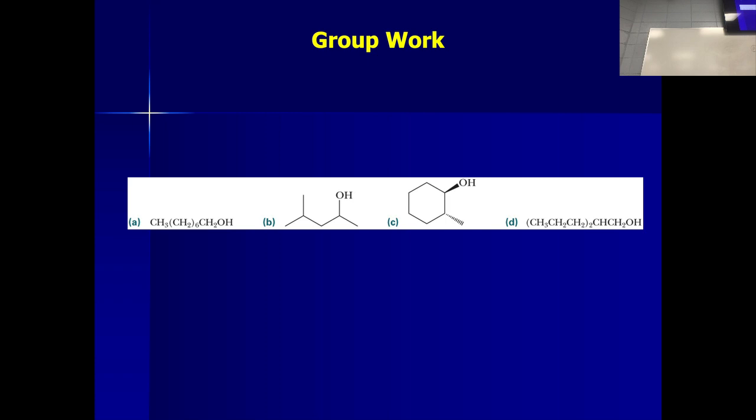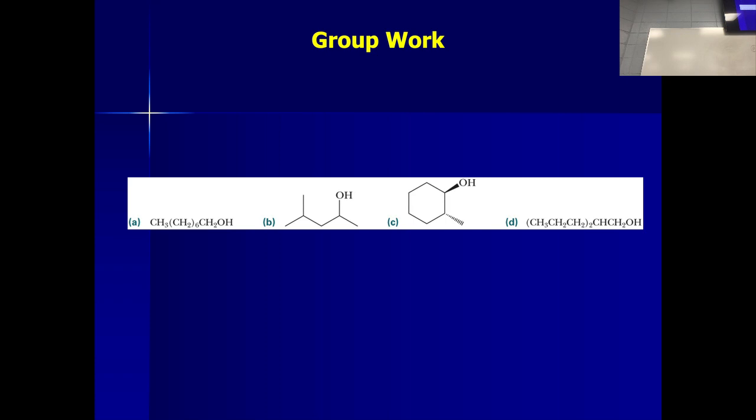So now how would I name it? 2-methyl 1-cyclohexanol. Now in your book, they leave the 1 out, although I think this is the more correct way to do it, okay?